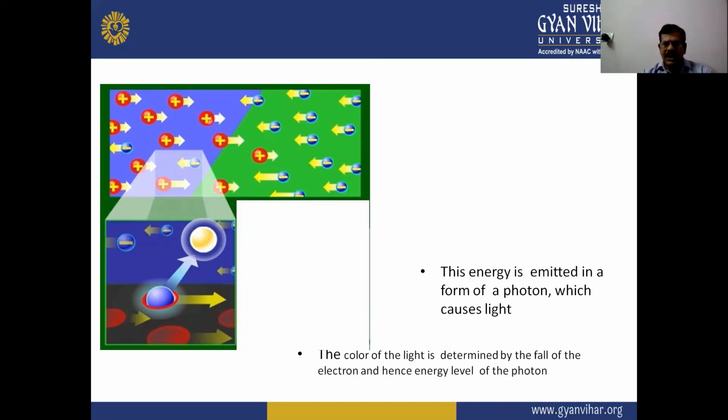In this LED, energy is emitted in the form of a photon which causes the light. The color of the light is determined by the fall of the electrons and hence the energy level of the photons.